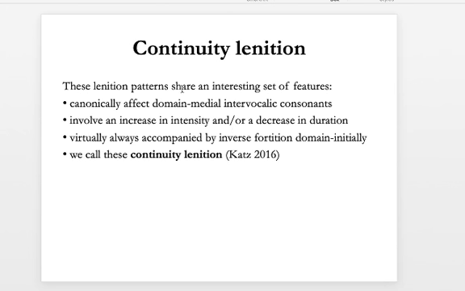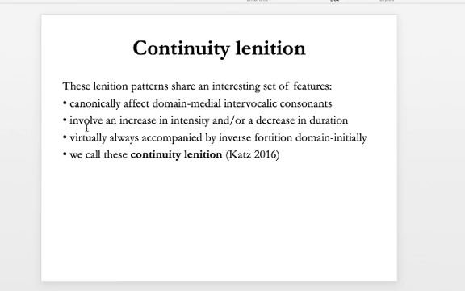And both of these very common lenition patterns share an interesting set of features. They canonically affect domain medial intervocalic consonants. We saw that with both of these. They might also show lenition of consonants in other positions, but if they do so, they always also affect the intervocalic ones. This is really the main context where lenition happens.